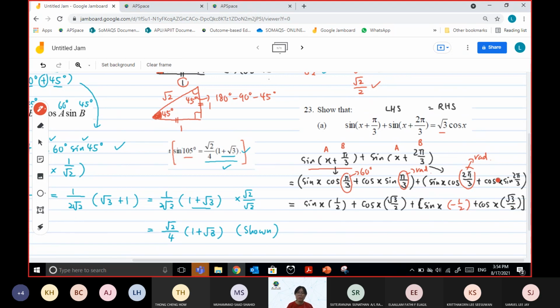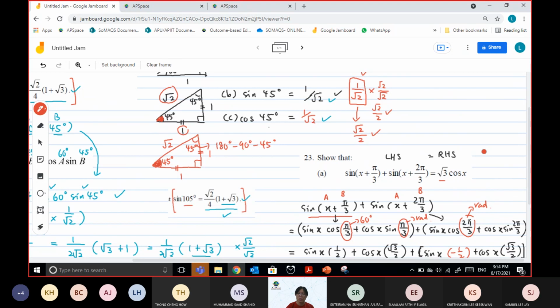Okay, so now, if let's say your calculator can't give you the surd, how do you actually get to the answer of square root of 3 over 2? Let me explain a little bit. Just now we have 2 pi over 3.